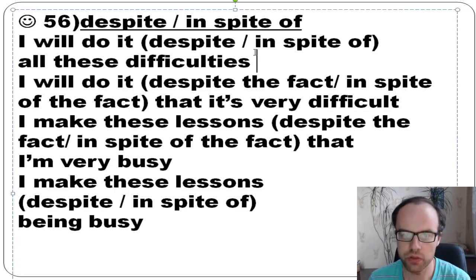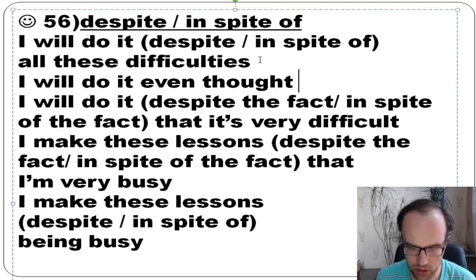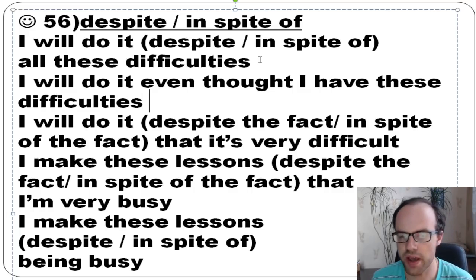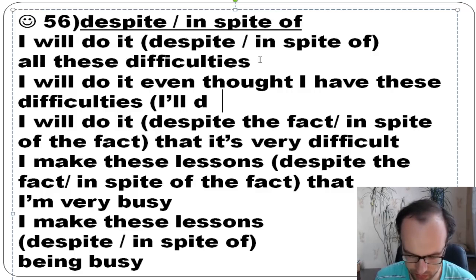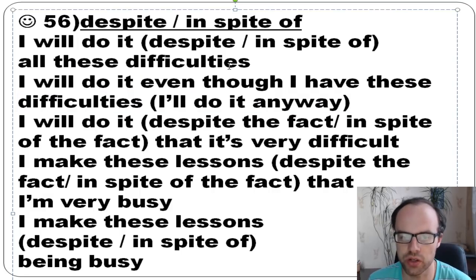It means I will do it even though I have these difficulties, but it's okay. I will do it anyway. You can say I will do it even though I have these difficulties. I'll do it anyway. Despite or in spite of all these difficulties.